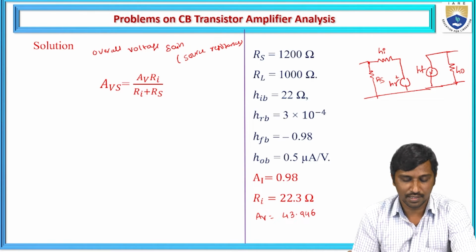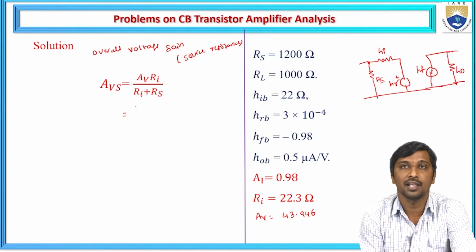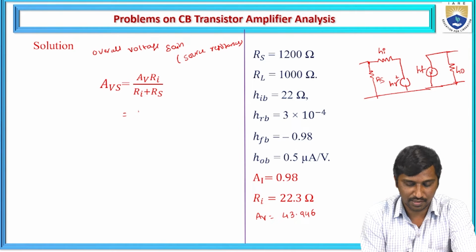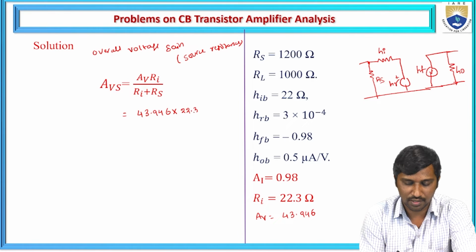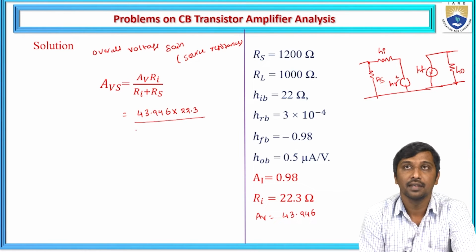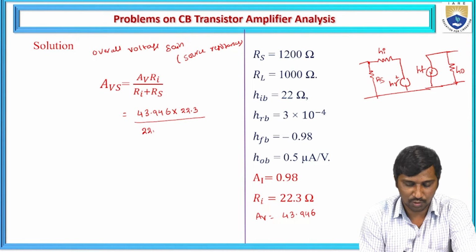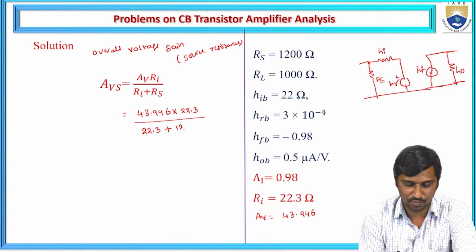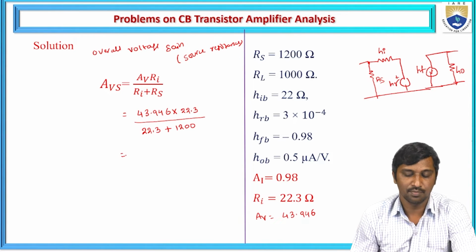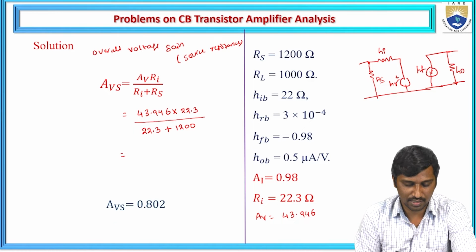Now in this relation, you can substitute the values. So Av is 43.946 into Ri value 22.3 ohms divided by Ri value again 22.3 plus Rs value 1200 ohms. Now you can simplify this analysis, then it gives the Avs.